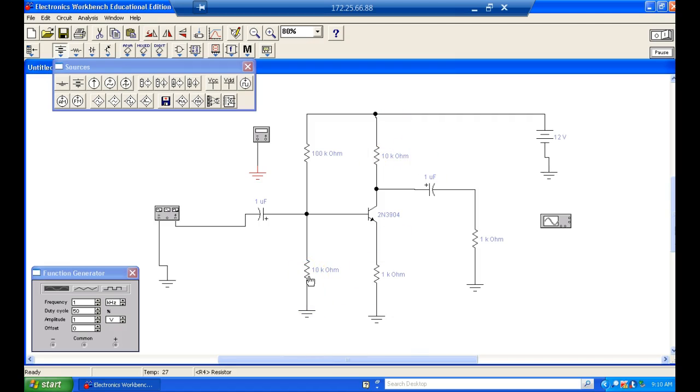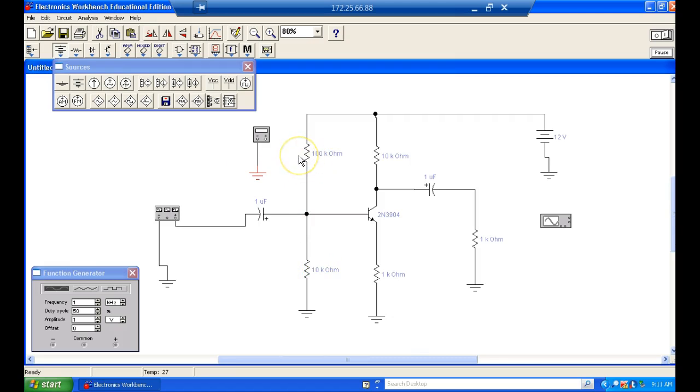So what size would we use? So what current would be 2.3 volts? How much do we want this guy right here to drop? If this guy drops 2.3 volts, what's that?